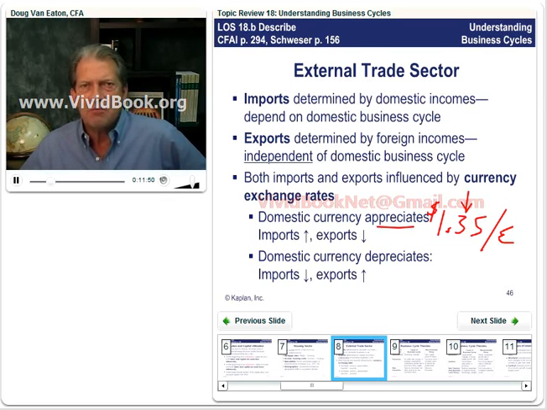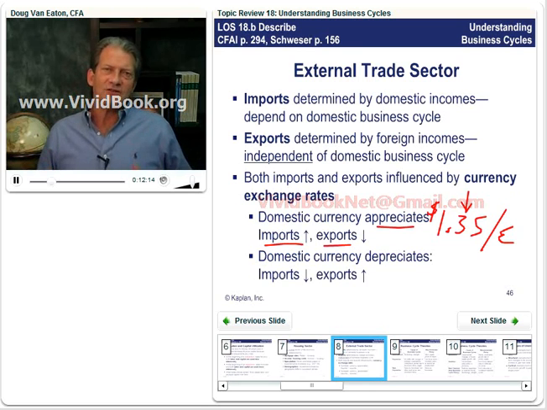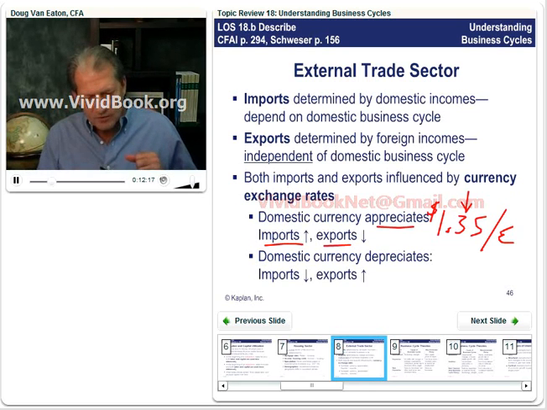So that means imports, euro-priced goods from the Eurozone, are going to look cheaper, look less expensive, if this exchange rate goes down and the U.S. dollar appreciates. And our exports, however, would go down because to a euro-based investor, U.S. products are going to look more expensive. They're going to cost more euros.